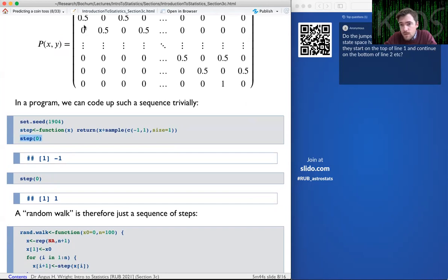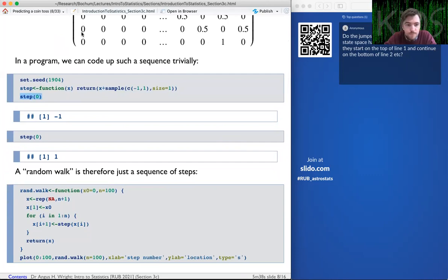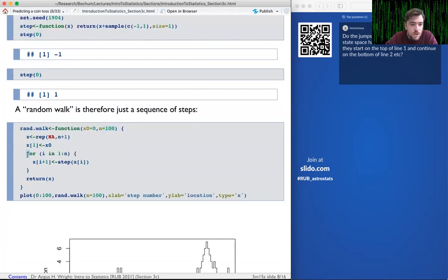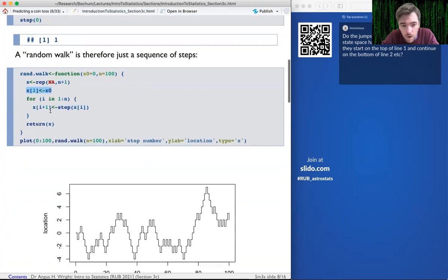Let's stick with the one-dimensional case for a second, because I think this will help visualizing. The random walk is just a sequence of these steps. We pick a particular starting point, which I've just picked as 0, and we then take n random steps: forward, back, back, forward, forward, back, back, forward, back, etc. I then take n steps, and I end up with some chain, some Markov chain of random steps.